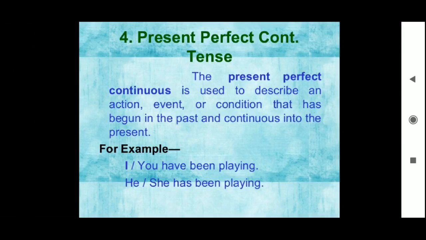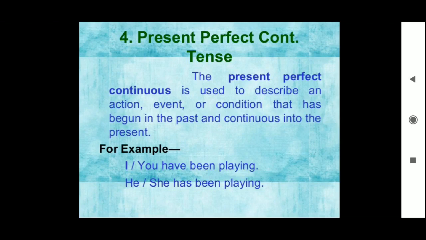Now come to the fourth point, present perfect continuous tense or present perfect progressive tense. The present perfect continuous is used to describe an action, event or condition that has begun in the past and continues into the present.